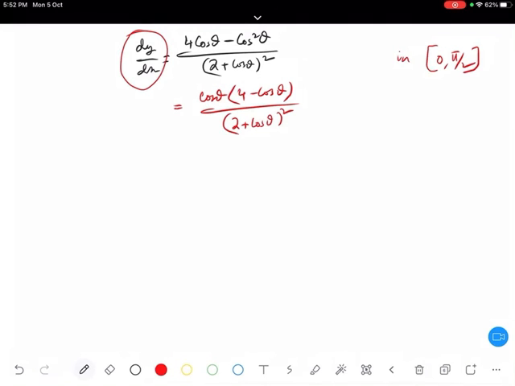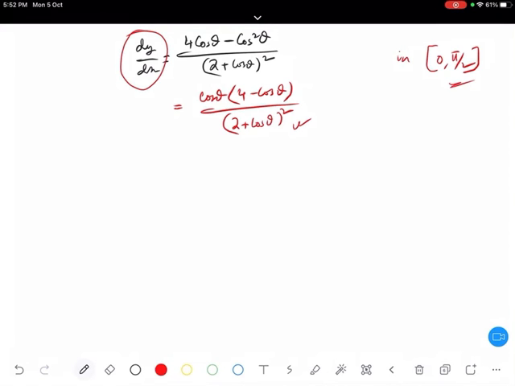Now, in order to prove the function to be increasing, all we need to do is prove that the slope is positive. Now look at here. Check whether this one is positive for all values of theta, from 0 to pi by 2. Is (2 plus cos theta) whole square positive or negative?